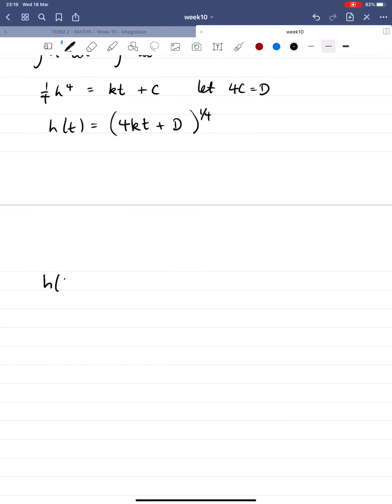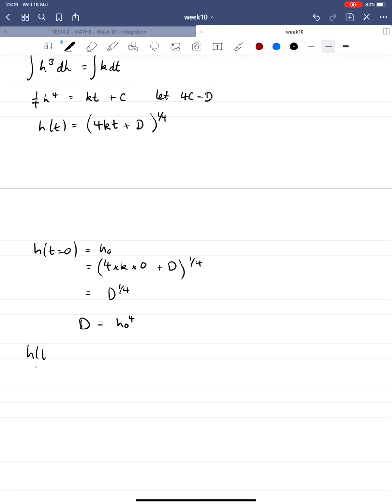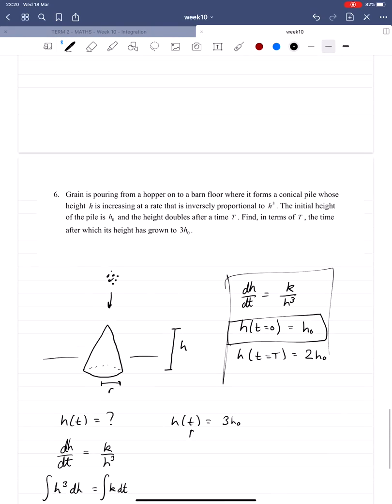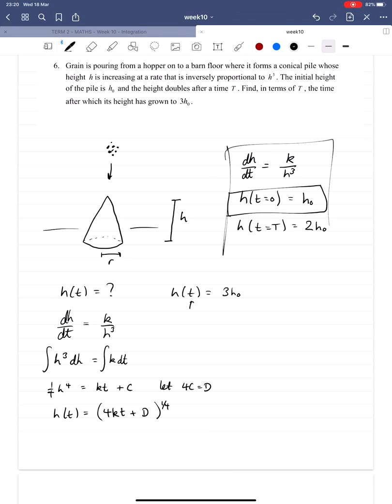So h at 0 is equal to h0, which is 4 times k times 0 plus d, to the 1/4. So that's just d to the 1/4, which means that d is h0 to the 4. So now I have h of t is 4kt plus h0 to the 4, all to the 1/4. Nice. Very nice. I feel like I want to get rid of this k somehow.